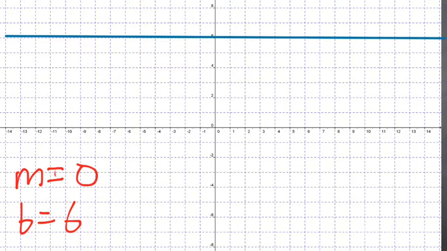So how about we put it into our linear equation, y equals mx plus b. So we do that, y equals 0x plus 6, right? That is 100% an accurate linear equation. If you do that on the quiz of mine, you will get credit.